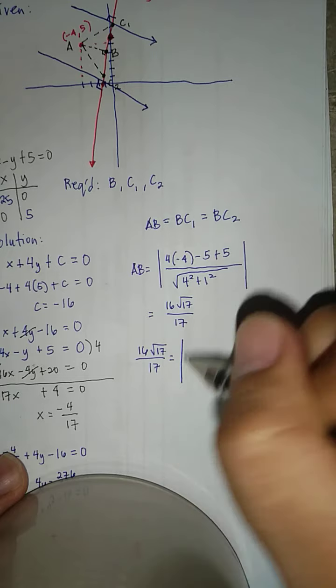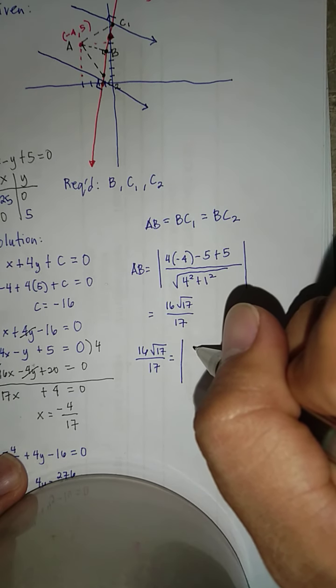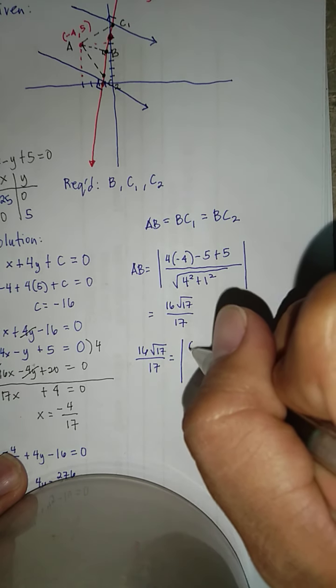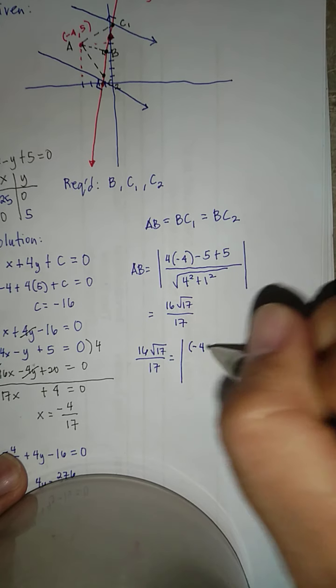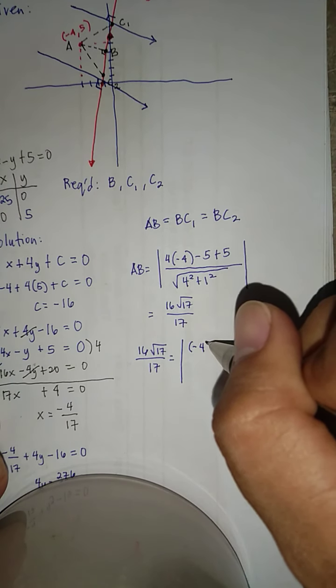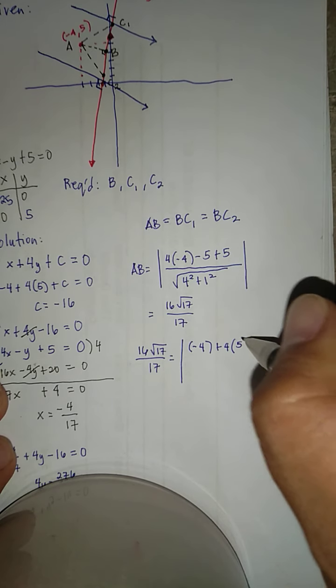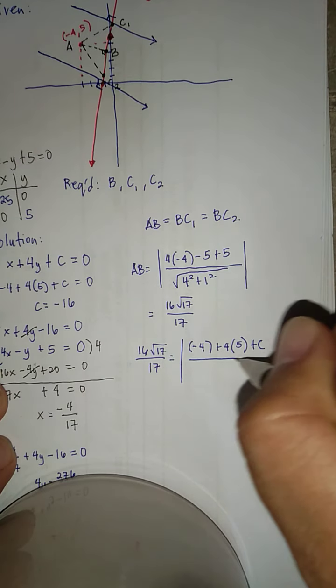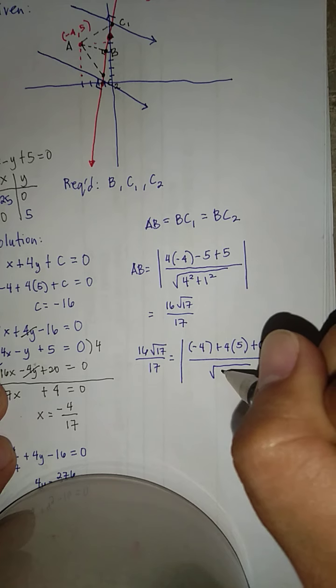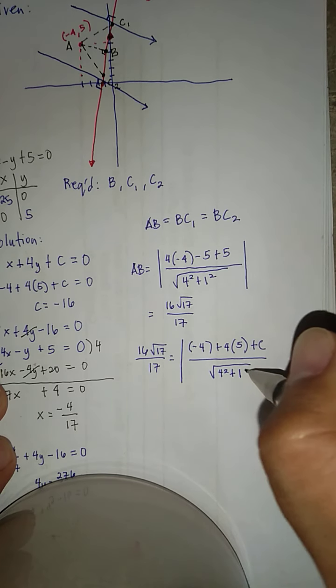So this one is equivalent to, using again, negative 4 plus 4 times 5 plus C all over square root of 4 squared plus 1 squared.